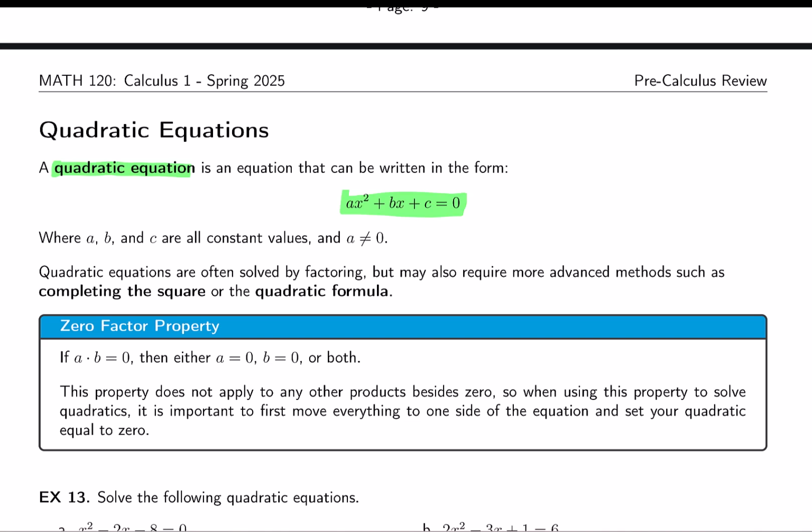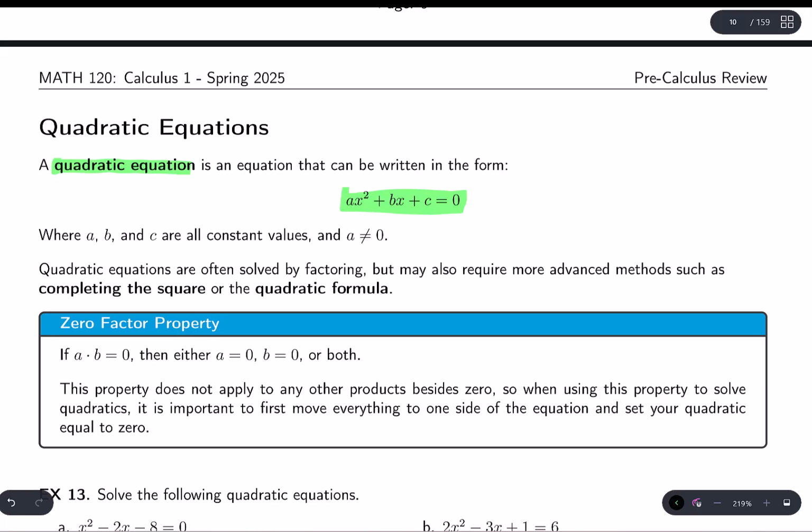All right, so a linear equation, the highest degree is 1, and a quadratic, the highest degree is 2. So we can often solve these by factoring, and your skills in factoring need to be quite good at this level, okay? But occasionally you might run into a situation where you need more advanced methods, such as completing the square or the quadratic formula.